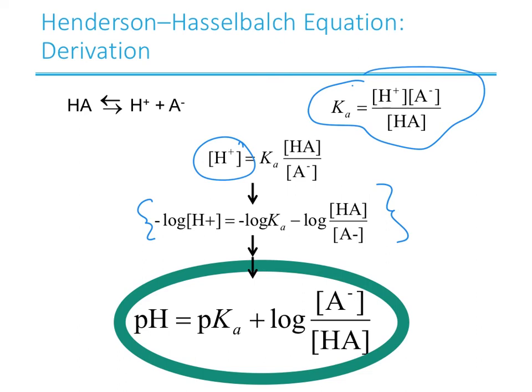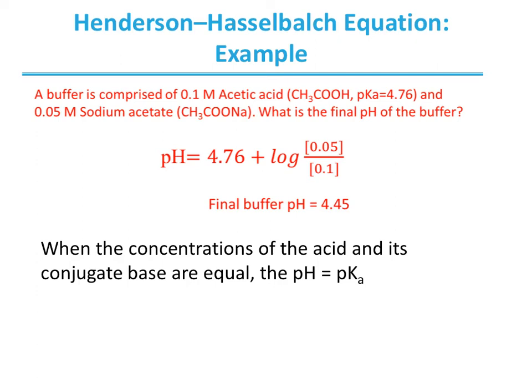And the negative log of the hydronium ion concentration is simply the pH. The negative log of the Ka is the pKa. And we can invert the HA and A- positions, and by doing that we're going to also invert the sign here.